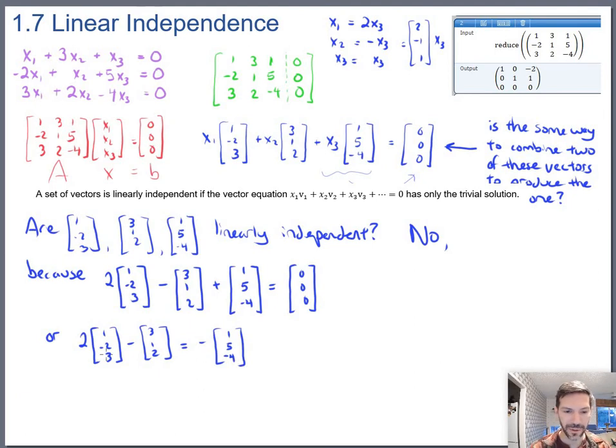And I guess you could multiply both sides by negative 1 if you really wanted to fully make this clear. And just say, yeah, this is how you could combine two of the vectors to produce the third vector.